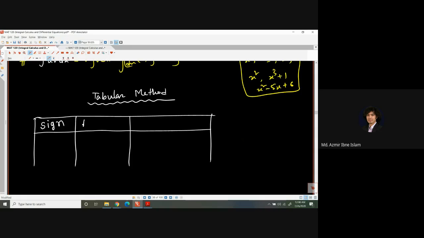The second column is for repeated differentiation, and the last column, the third column, is for repeated integration.